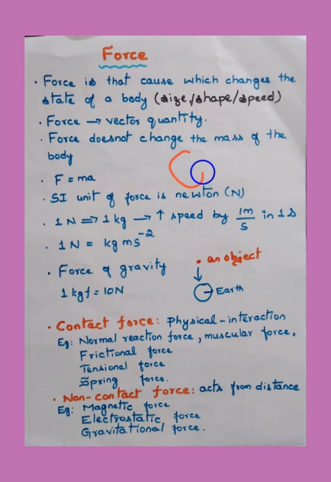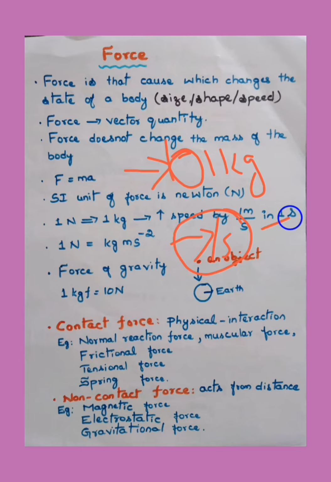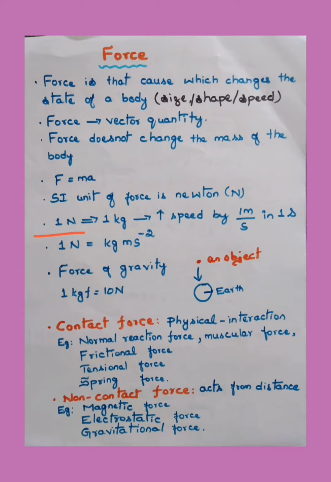Imagine you have an object of 1 kg mass and you are applying some force. We don't know the force, but it is defined as 1 Newton force when this object's speed increases by 1 meter per second, and this action is performed in 1 second.